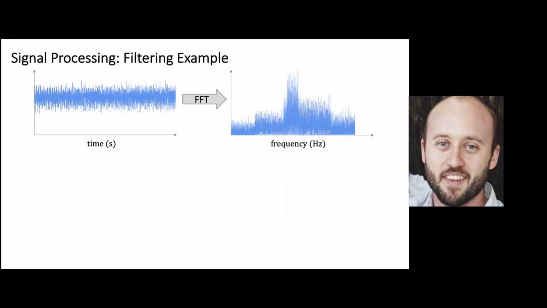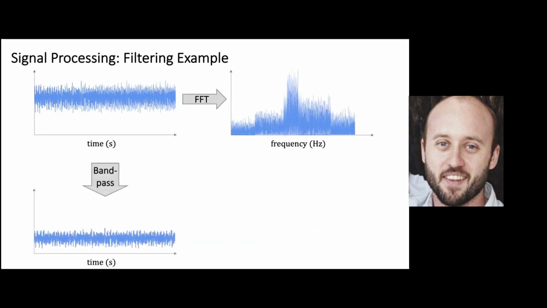So if I were to take my original signal and do an FFT on it, I would see its frequency spectrum. But if I took that original signal and applied a band pass filter to it, I would only be looking at a range of specific frequencies, and it would reject other frequency content that's below a certain point or above a certain point, just focus on a specific range, and we would see a much lower amplitude signal because we're blocking out a lot of frequency content.